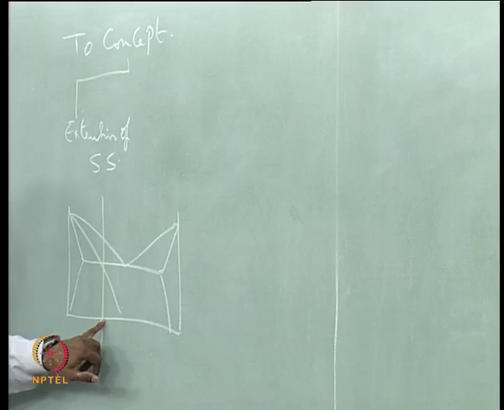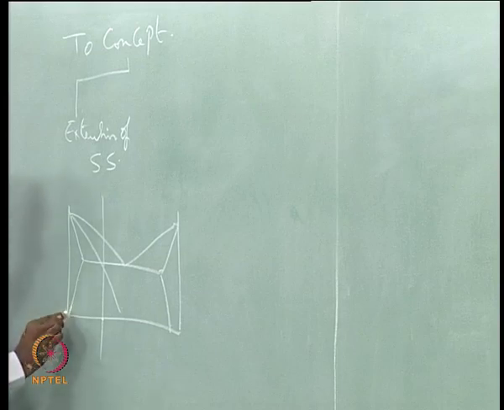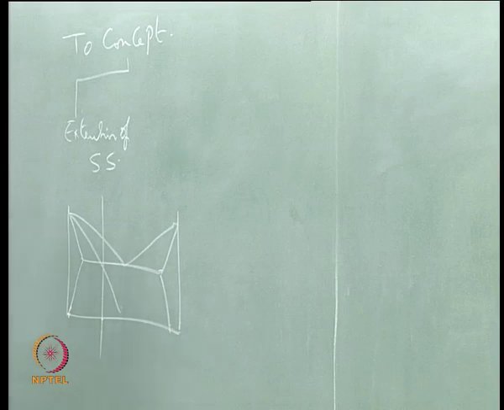So I have a single phase solid solution which has much higher solute content than it can actually contain according to the phase diagram. So that means basically what I have done is I have got an extended solid solution.